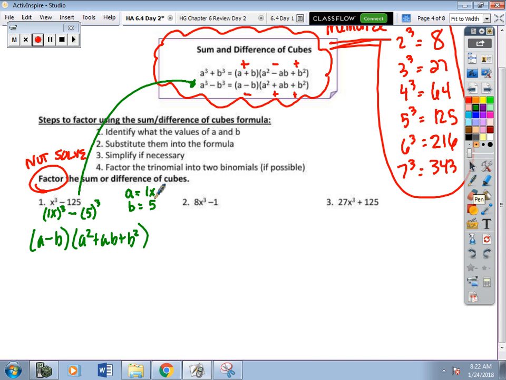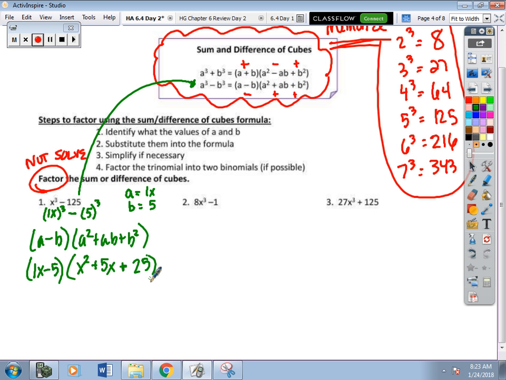So we'll have 1x minus 5, or just x minus 5, a minus b. Now be careful, when you square a, you have to square the 1 and square the x, which will still get us 1x squared, plus a times b, which is 1x times 5, which is 5x, plus b squared, which is to square 5, which is 25.